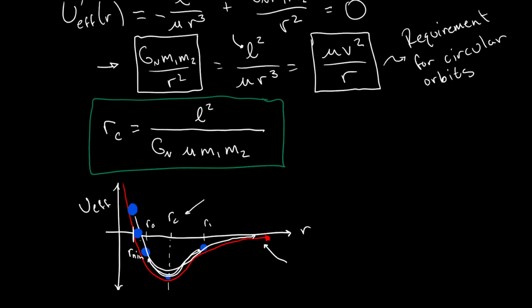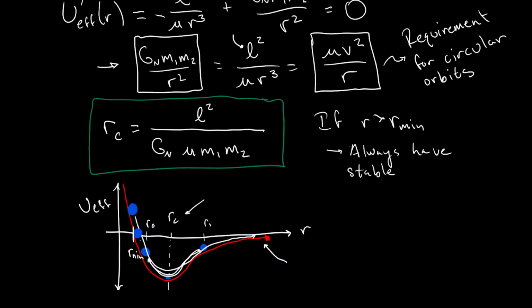But as long as, I'll write this, it'll make it more clear. So if R is always greater than R min, I will always have a stable orbit.